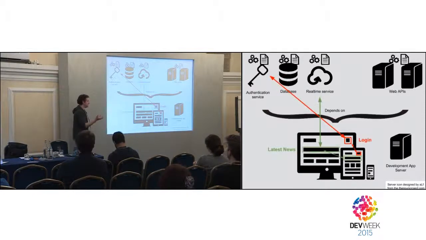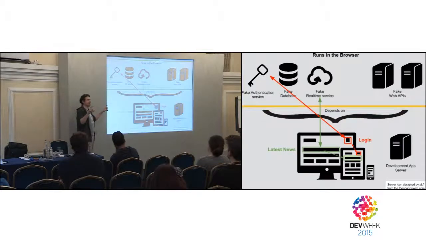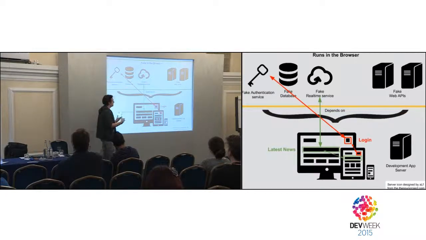But because we can run our features in isolation, we potentially only need the services for that individual feature to be running. For login, we only need authentication. For, say, a latest news feature, we only need the real-time service. Because we've got this services layer, where anytime I want to access some sort of back-end service or communicate with other things, I do it through this layer, we can make the implementations of these services pure JavaScript.